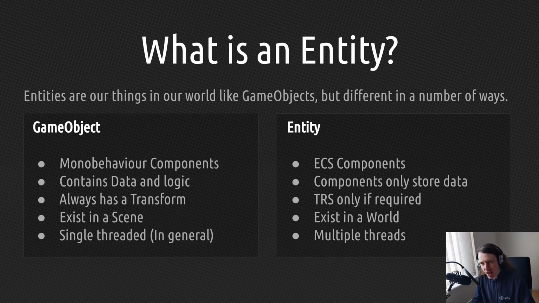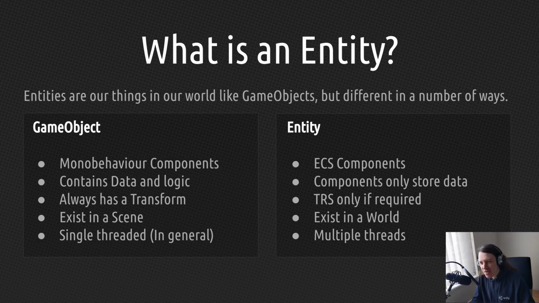Whereas if we have a look at entities in ECS, entities contain ECS components, and ECS components only store data. It's worth noting that an entity doesn't necessarily have to have a position or rotation or scale in the world, but if required, we can add those as components to an entity.